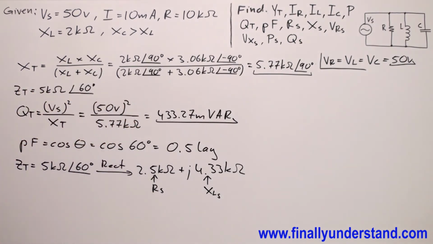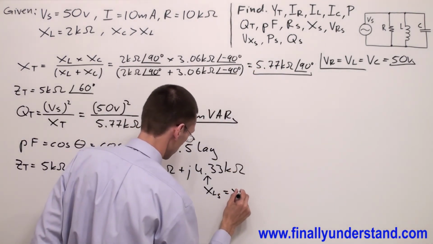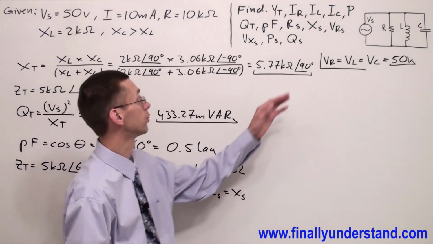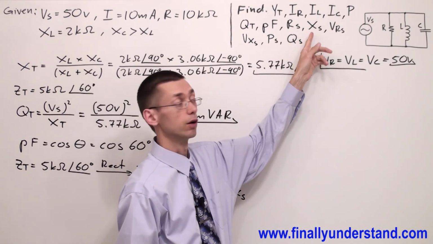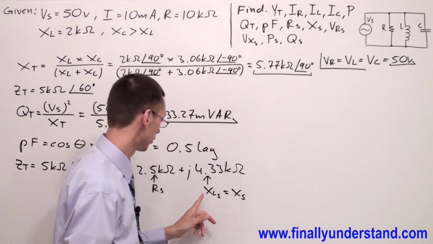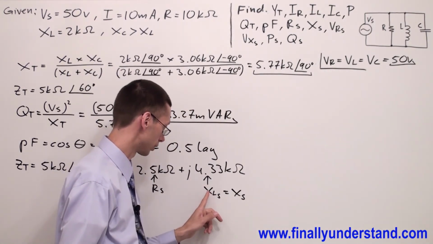So I found R S, and X of S is nothing else but X L S, because before we couldn't guess if this was going to be an inductor or a capacitor. That's why we had just X S. But right now we know that this is going to be an inductor, that's why we have X L S.